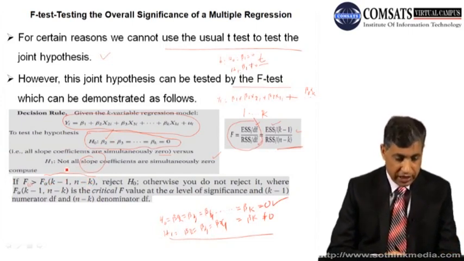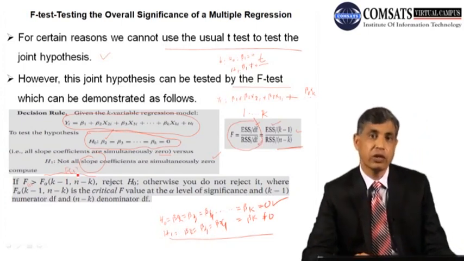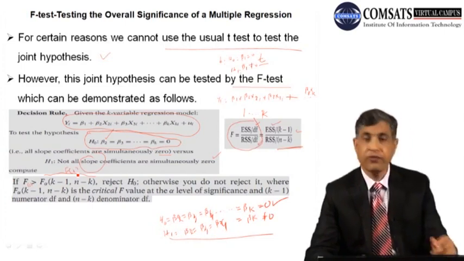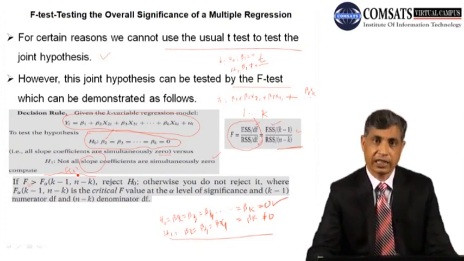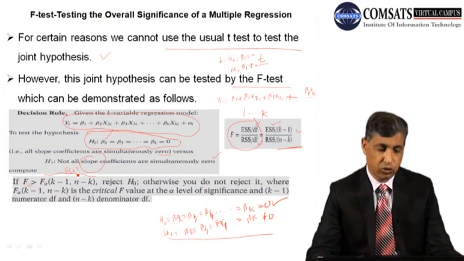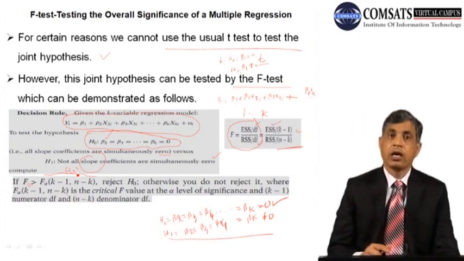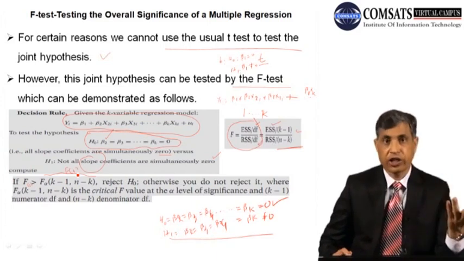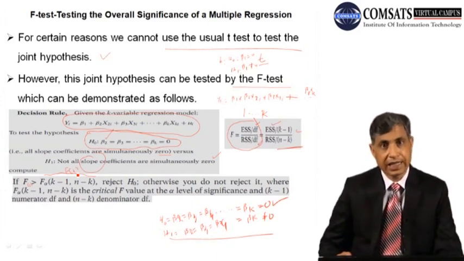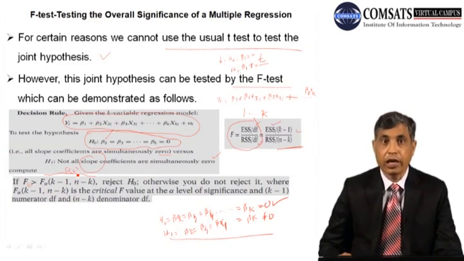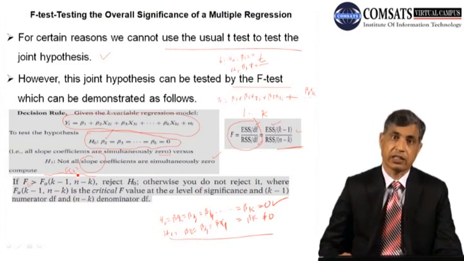This is simply the F tabulated, the value of F from the table, and you will suppose alpha at some level. You will have k, the number of parameters, and the total number of observations. Now if F calculated is greater than F tabulated, then you will reject the null hypothesis.